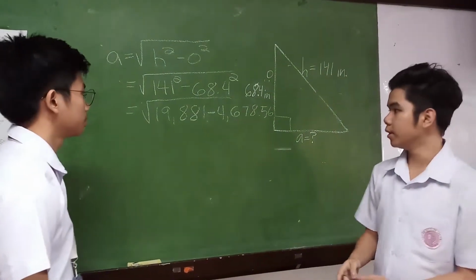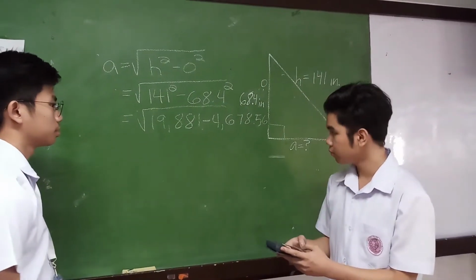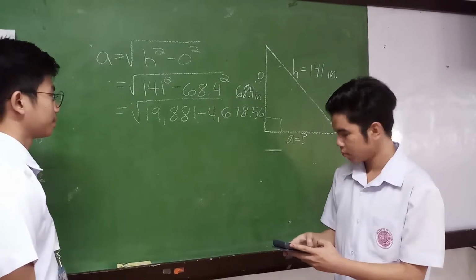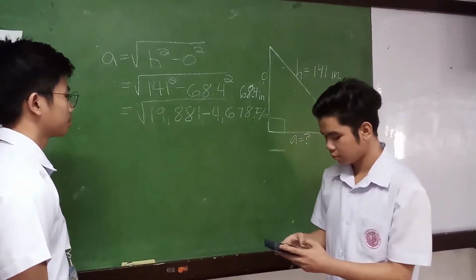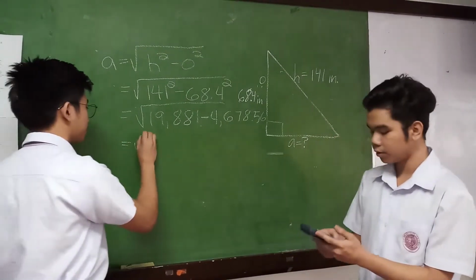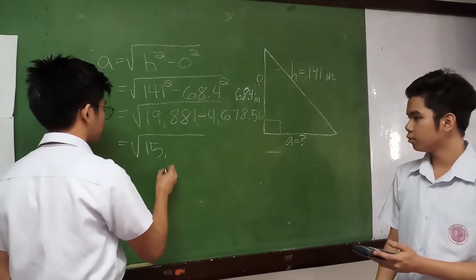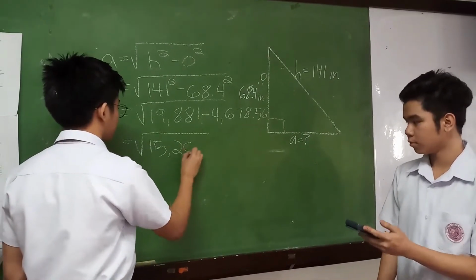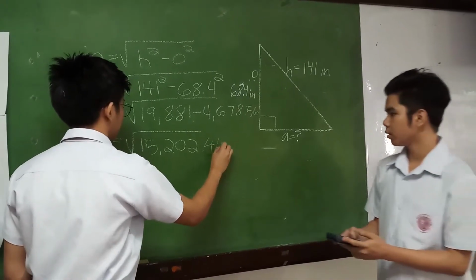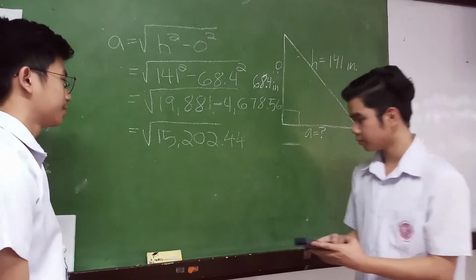The next thing we're going to do is find the difference of the two values. The difference of the two values is equal to 15,202.44. The last step we're going to do is finding the square root of this value.